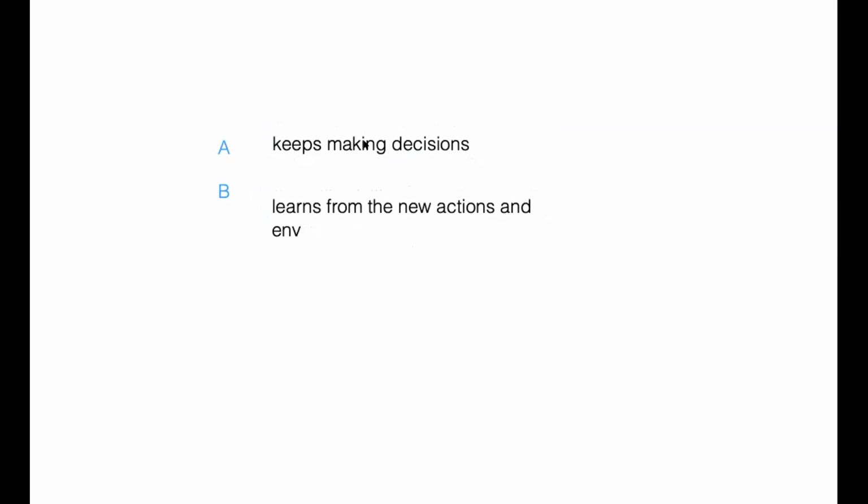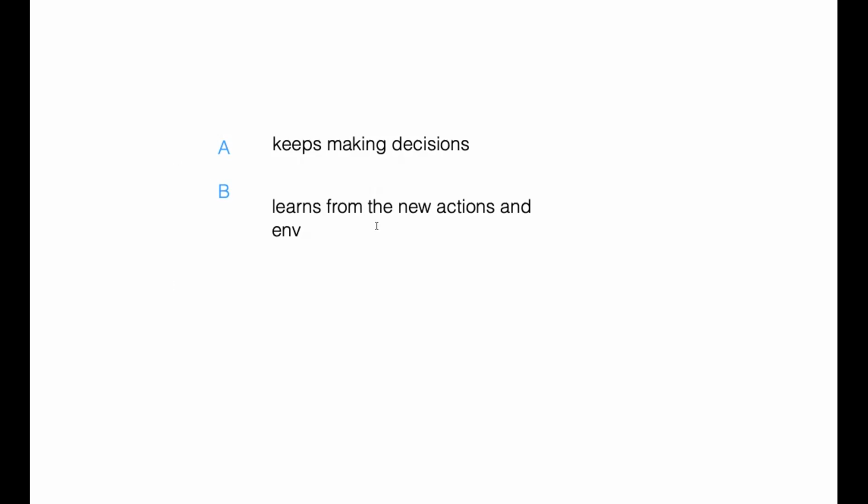Nice. So now we have someone who is stable, Mr. A, he makes the decisions, and we have someone who is less stable, who is continuously learning, not making the decisions, but learning from them.